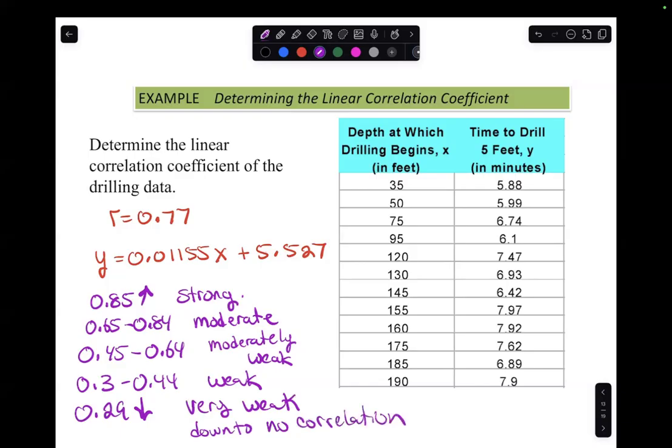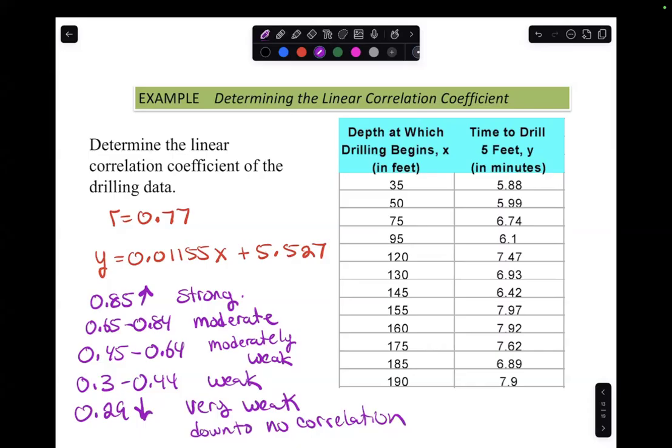Now, I'm not going to get mad at you if you decide that 0.8 is strong. I'm not going to mark you down for it. But if you told me 0.3 was strong, I would mark you down for it. There's wiggle room in all of these. This is just a rule of thumb to give you an idea. This is not the rule. There is no rule.